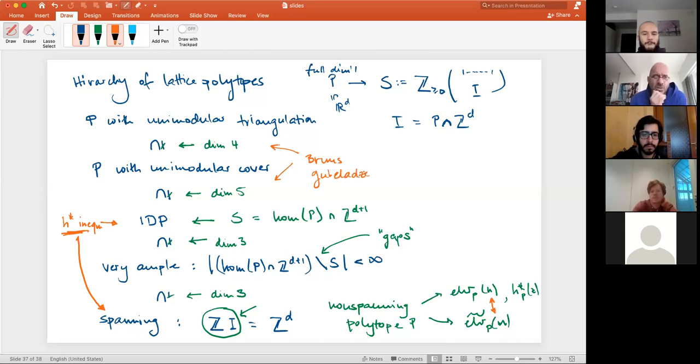So not just one paper, where they made this a program to really figure out what's going on here. There are a lot of connections to algebraic geometry, K-theory.